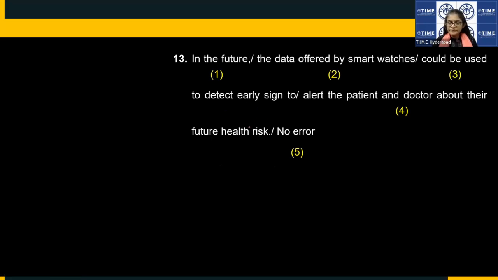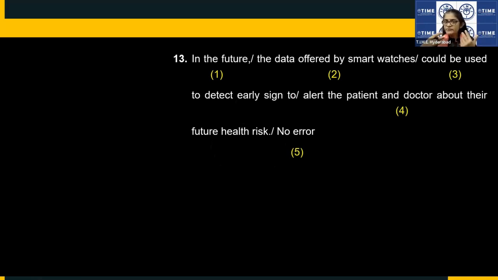In the future, the data offered by smartwatches could be used to detect early signs to alert the patient and doctor about their future health risk. Early sign, only one sign. You don't say early sign, early signs of something. Okay? If you're talking of a particular symptom, you can say this is an early sign of something.